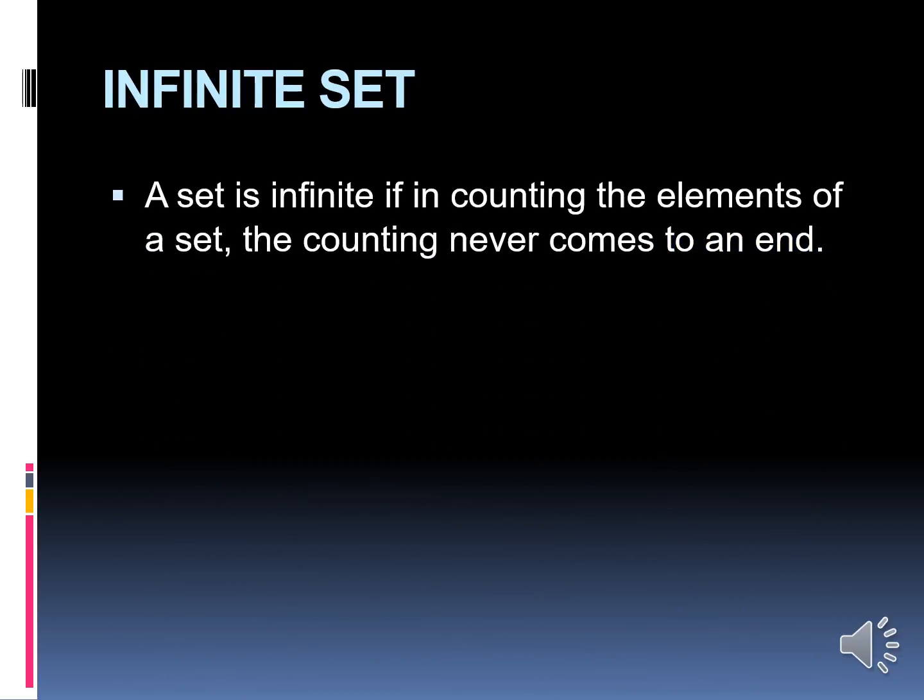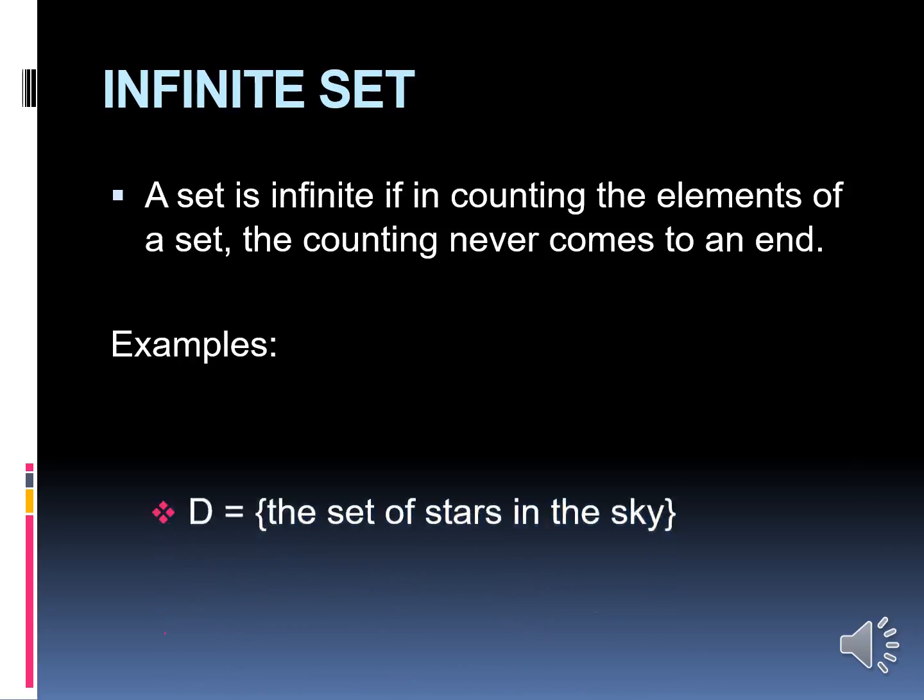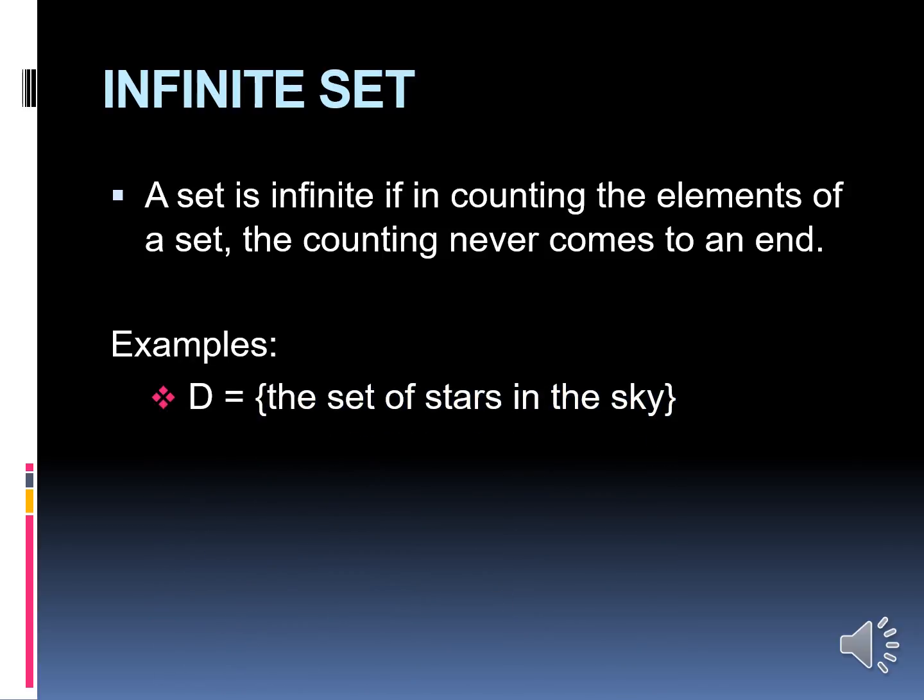Another type of set is the infinite set. A set is said to be infinite if in counting the elements of a set, the counting never comes to an end. For example, I have set D, which is the set of stars in the sky. Can you count the stars in the sky?